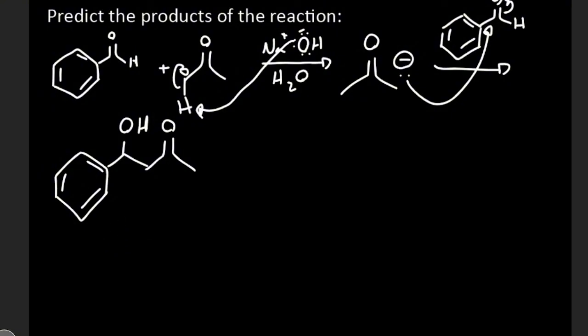But the reason it's called an aldol condensation is because whenever we have this hydroxyl group near a benzene ring and also near a carbonyl carbon, we've got the potential for a lot of conjugation, meaning a lot of double bonds lined up near each other. So this hydroxy group, even though it's usually a bad leaving group, in this case is actually a pretty good one. So again, we have a strong base in solution.